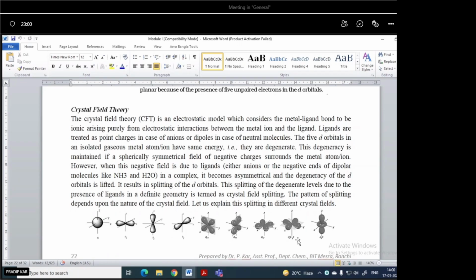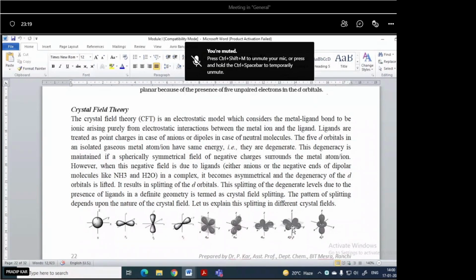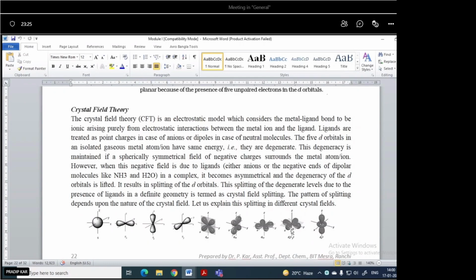In x square minus y square, the direction is the xy plane, but it has lobes on the axis. And the z square orbital has no particular position like the other orbitals, as if it is rotating throughout the xy plane.